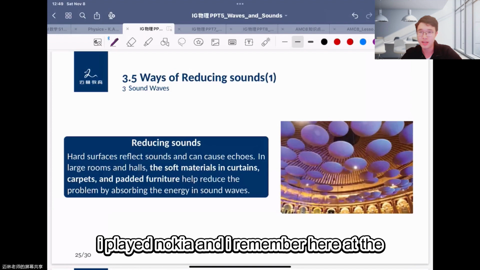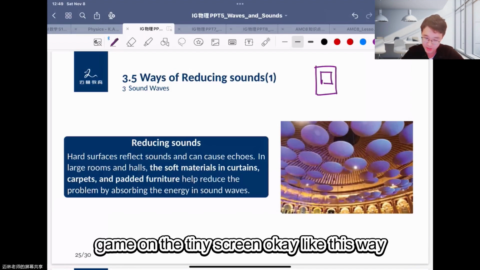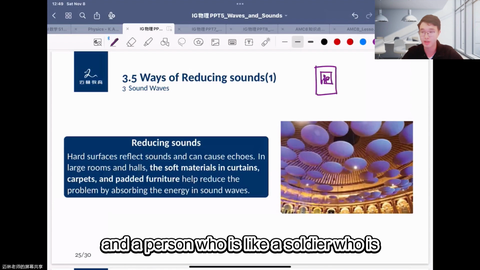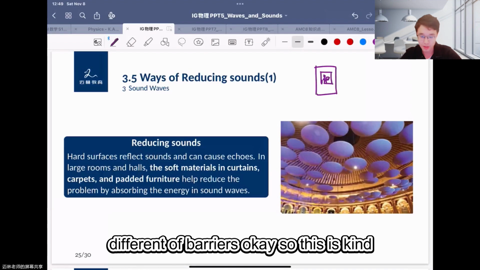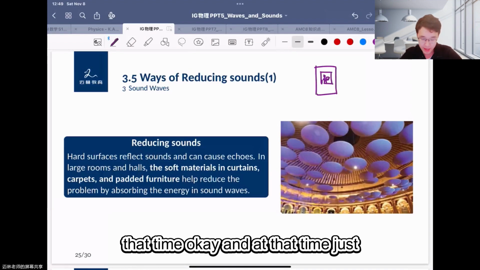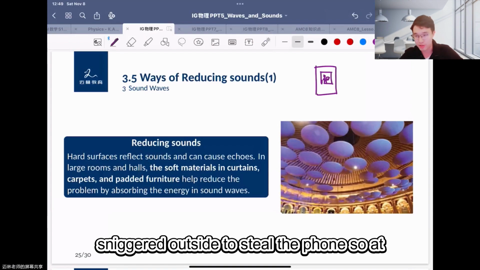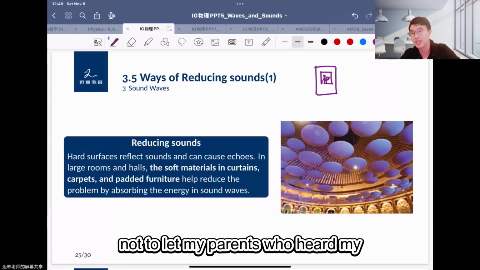And I played Nokia, and I remember a very small game on the tiny screen, where a soldier holding his gun tries to break through different barriers. This kind of game was very fascinating for that time. And at that time, I just sneaked outside to steal the phone.